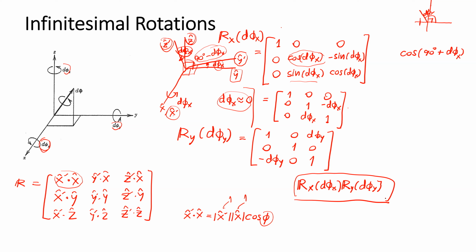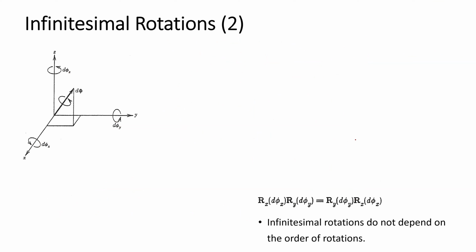Let's continue in the next page so that we have enough space. We have the rotation matrix about x, this one. We have the rotation matrix about y with small angle.